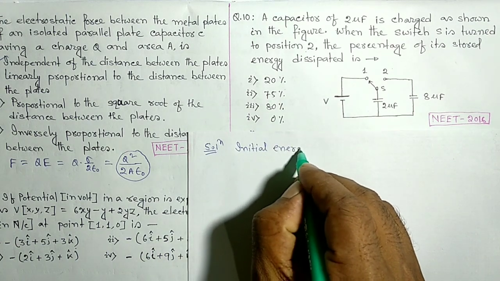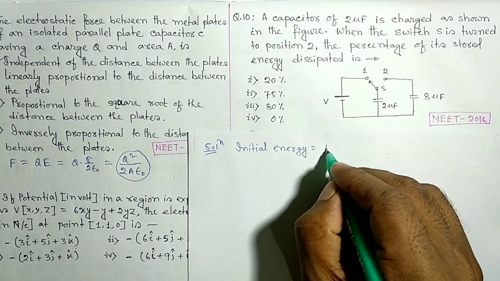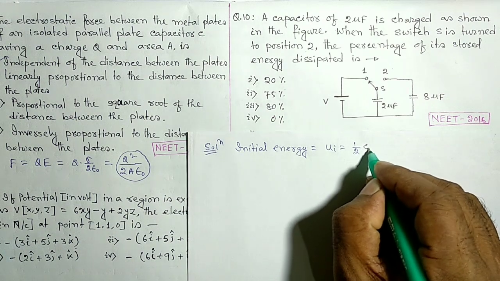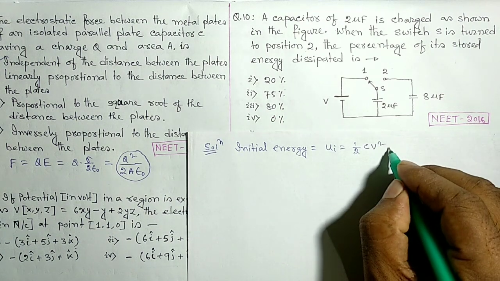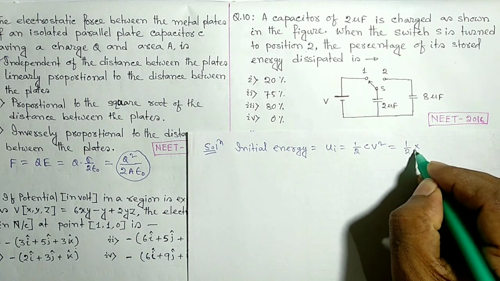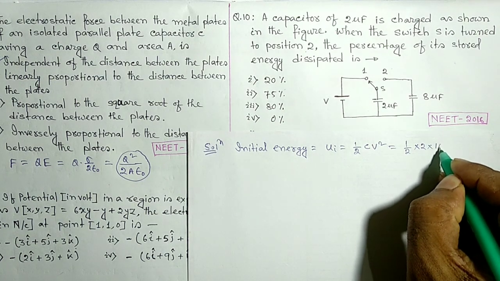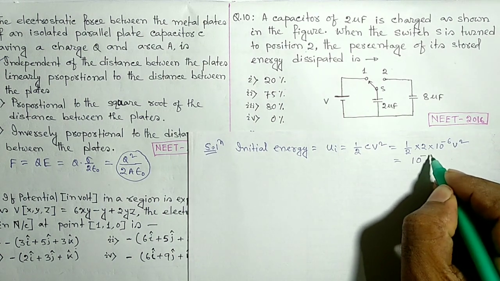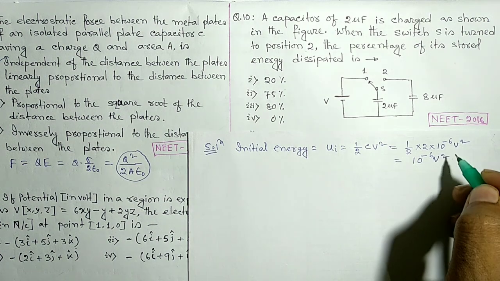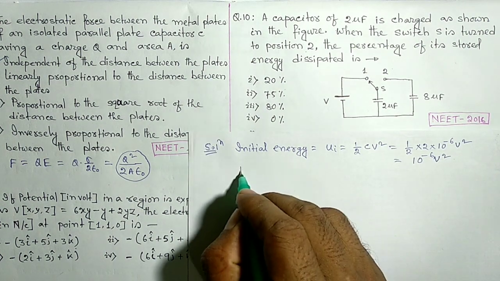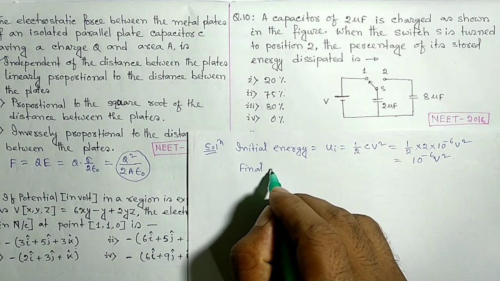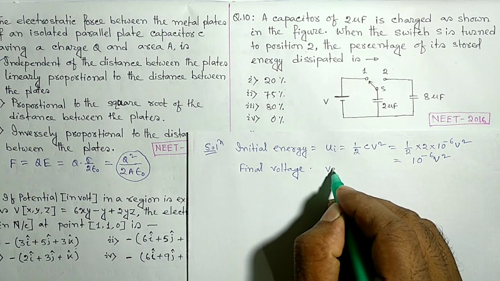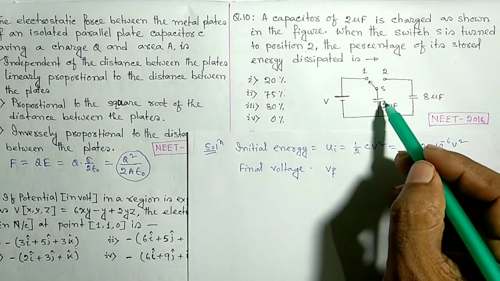Initial energy U_i is equal to half C V square. It is equal to half into 2 into 10 to the power minus 6 V square, which is 10 to the power minus 6 V square. Now the final voltage V_f, which is the common potential.